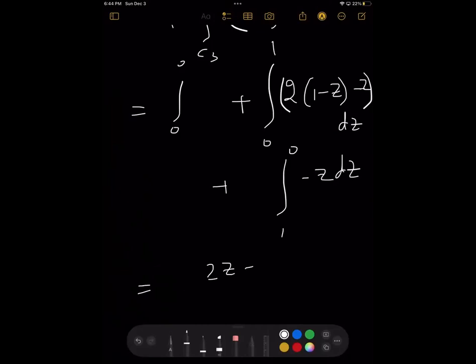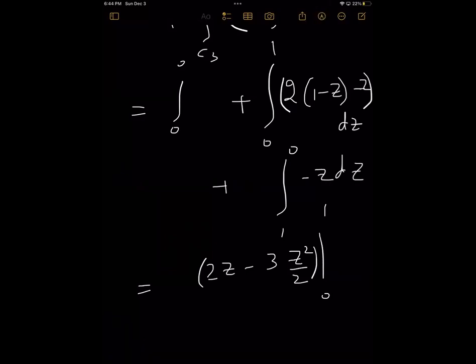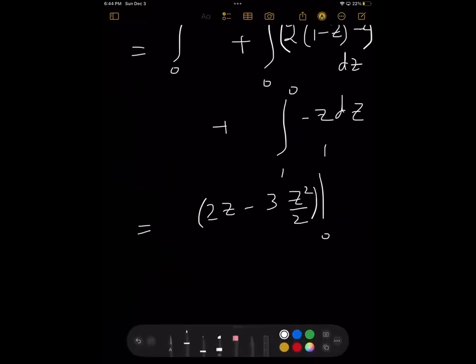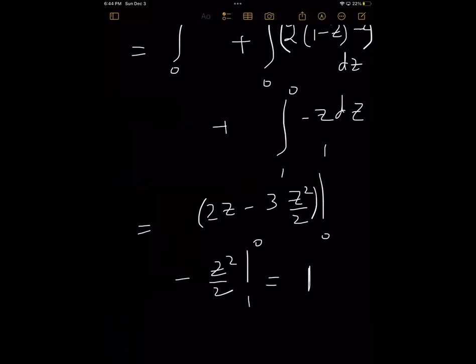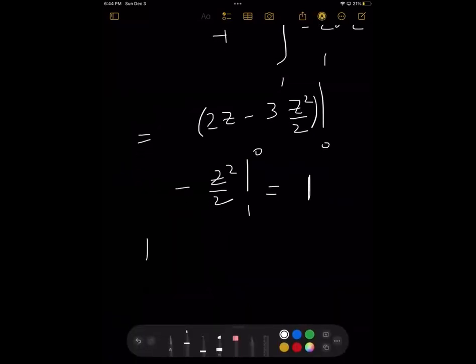So 3z squared by 2, 0 to 1, after integrating it. Minus z squared by 2, 1 to 0. So this will give you 1. After adding all of them, I1 plus I2 plus I3, we will have 7/2. This is the solution.